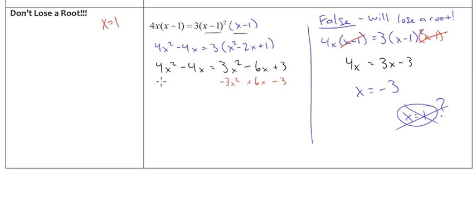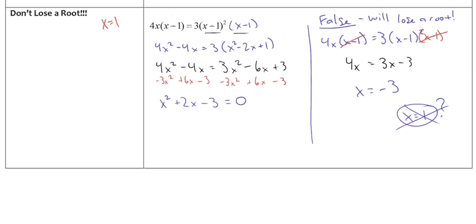So minus 3x squared plus 6x and minus 3. I did that rather than subtracting 4x squared and adding 4x because I just wanted to keep my a value positive. So we have 4x squared minus 3x squared is x squared. Negative 4x plus 6x is plus 2x, and then minus 3 equals 0.